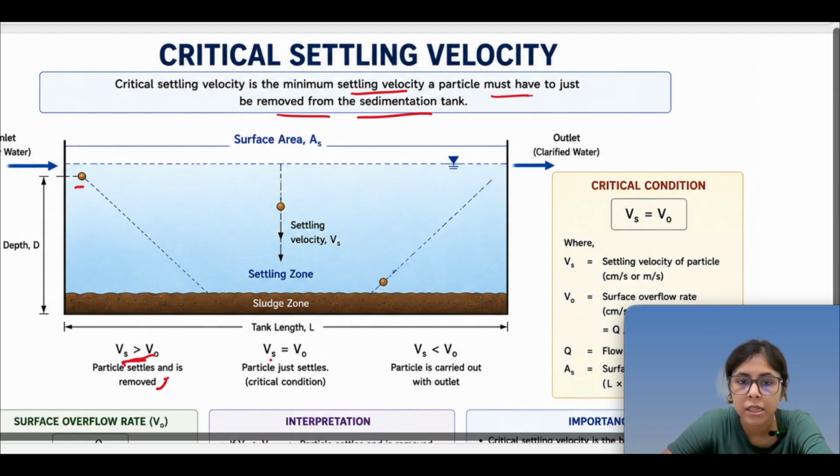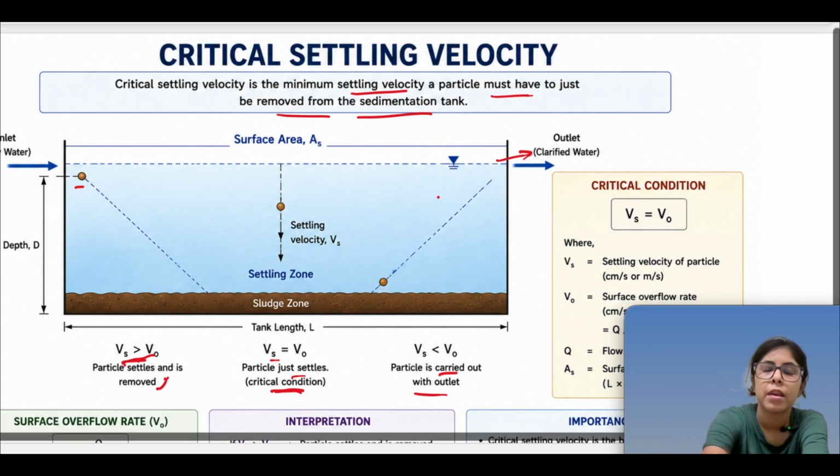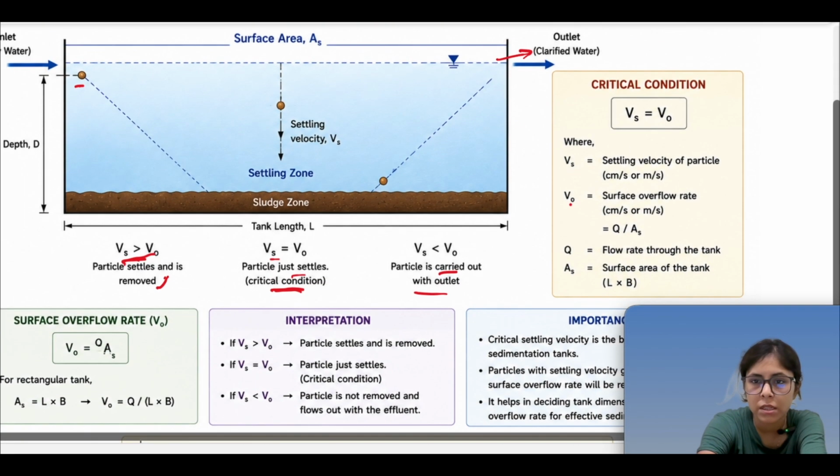If the settling velocity is just equal to the surface overflow rate, the particle will just settle. This is the critical condition. And if the settling velocity of the particle is less than the overflow rate, it will get carried out to the outlet and go out. So this is the basic understanding behind the surface overflow rate and settling velocity. Now we have some critical conditions. The critical condition here basically is this one.